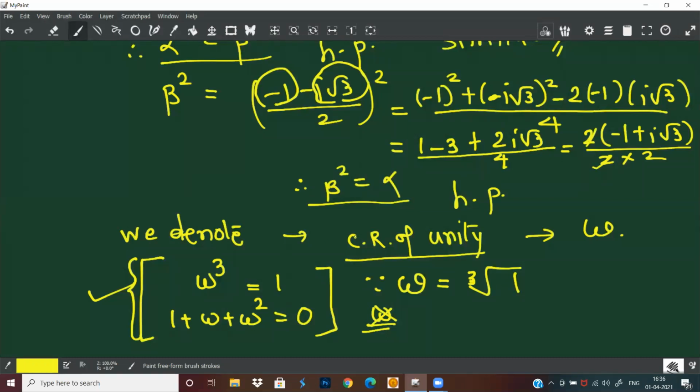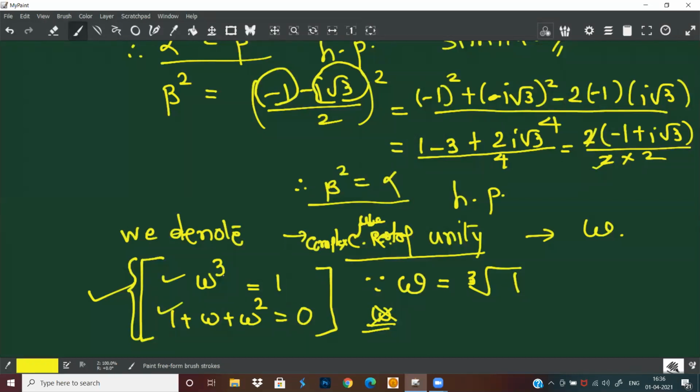You want me to write this complex cube root of unity. So just understand these two are very important. Omega cube is 1 and 1 plus omega square is 0.